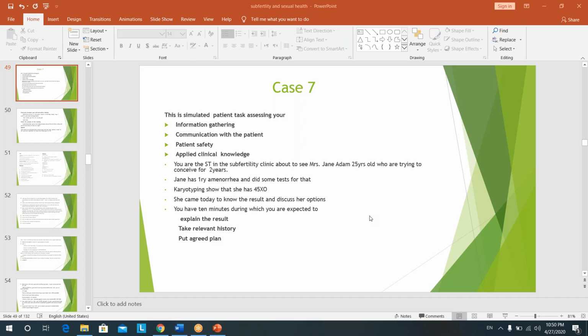Breaking bad news needs more sympathy from you, and you should show the examiner how you feel the situation and the feeling of the patient. You need to practice more. I totally understand that online emotion can't be expressed well, but it will be more in the station.